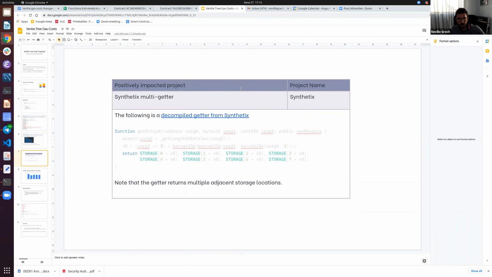On the other hand, there are some projects that are positively impacted. For instance, this is a smart contract from Synthetix, which returns a number of different fields within the same struct.